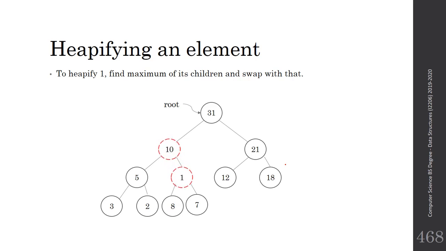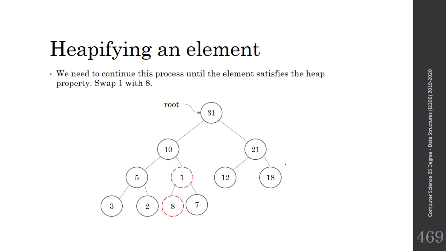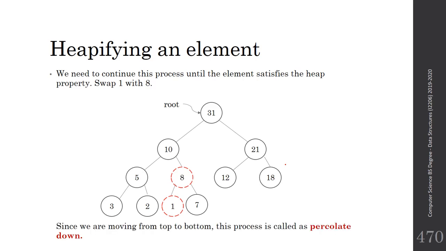For now it's not a heap yet, because 1 is misplaced, and I need to find the maximum, which is equal to 8, so I will swap, and now the tree is a heap. We call this percolate down because we take an element and we move it down. We will do this operation while doing what's called heap sort, while sorting the array. It's in the second recording.